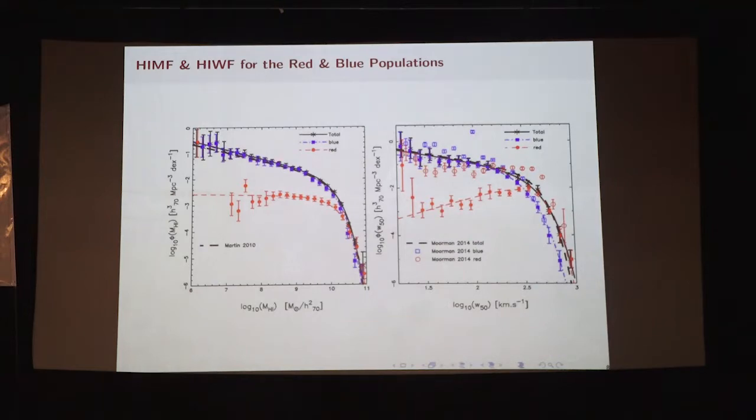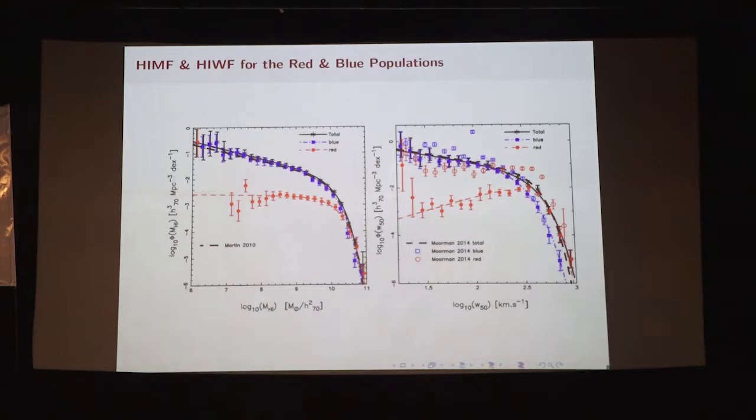So in the left panel, these are the H1 mass functions for the total, blue and red populations, and in the right panel, these are the H1 width functions for the total, blue and red populations.